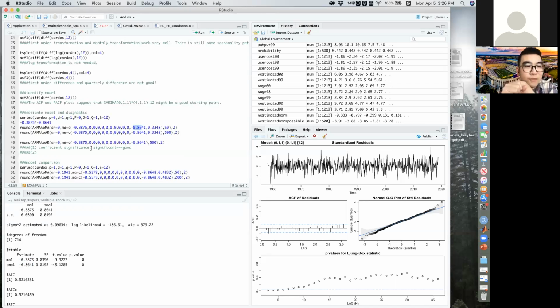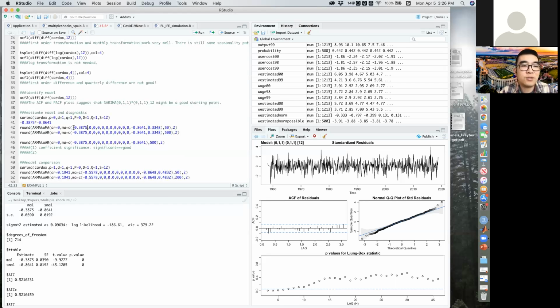And moreover, there's actually a part number 3 of this MA model. If you recall last class's notes, because we have MA1 and MA12, if you combine these 2 parts together, there's actually an MA13. The coefficient of the MA13 is not equal to 0.